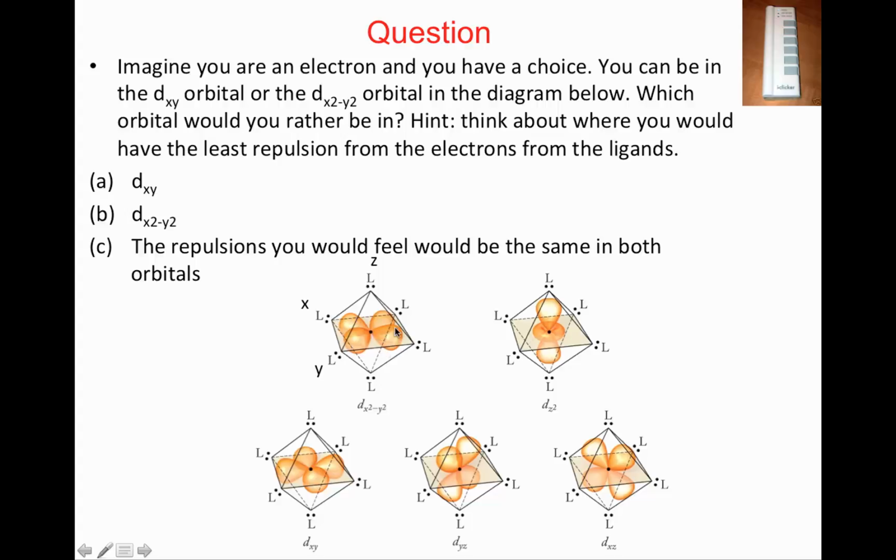So this looks like a higher energy state for me than this, and it is. I certainly don't feel the same repulsion in both of these orbitals. I feel less repulsion right here. So which orbital would you rather be in? I think we'd rather be in the dxy orbital, again because we're a little bit further away from the electrons that come from the ligands.